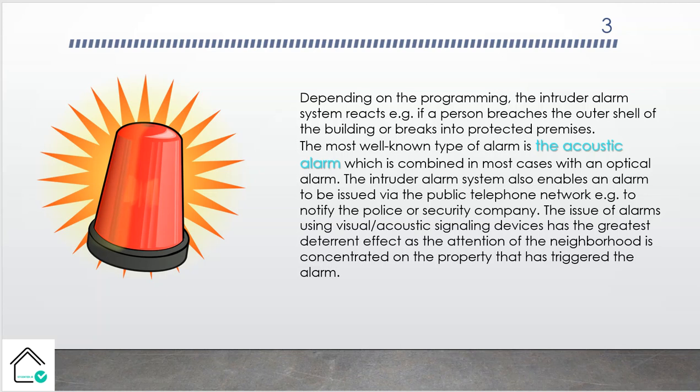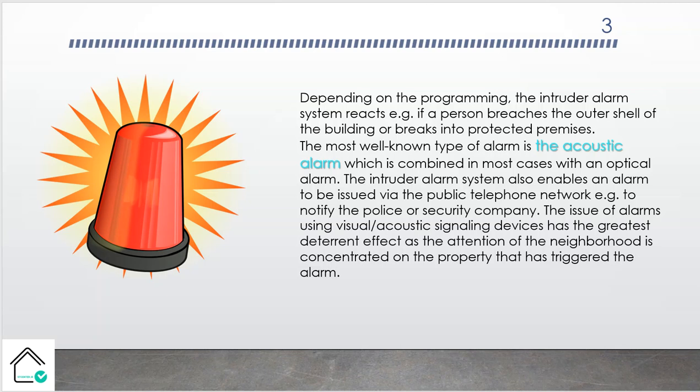The issue of an alarm using a visual and acoustic signal device has the greatest deterrent effect, as the attention of the neighborhood is drawn to the property that has triggered the alarm. So anyone from a long distance can see the red sign of the flashing alarm, so he or she knows something has happened in that building or in that area or zone.